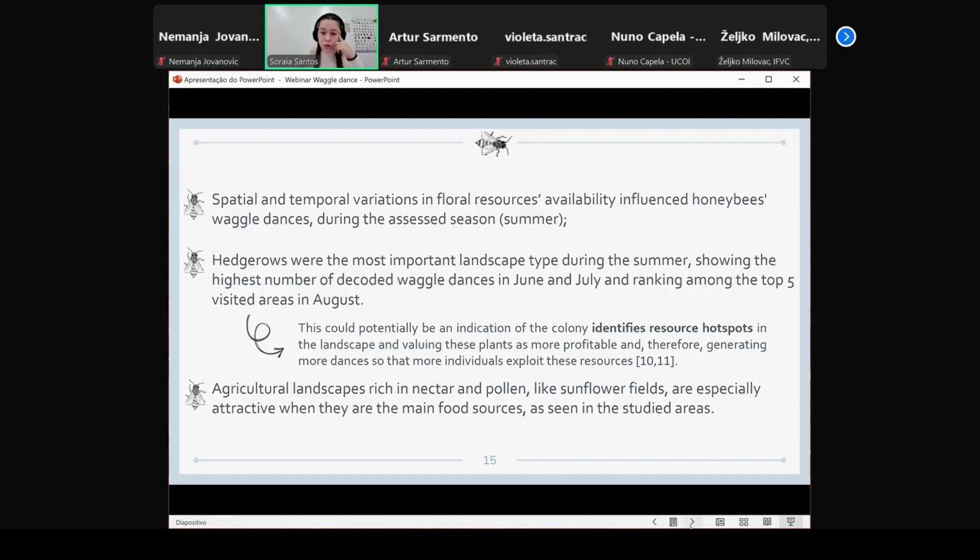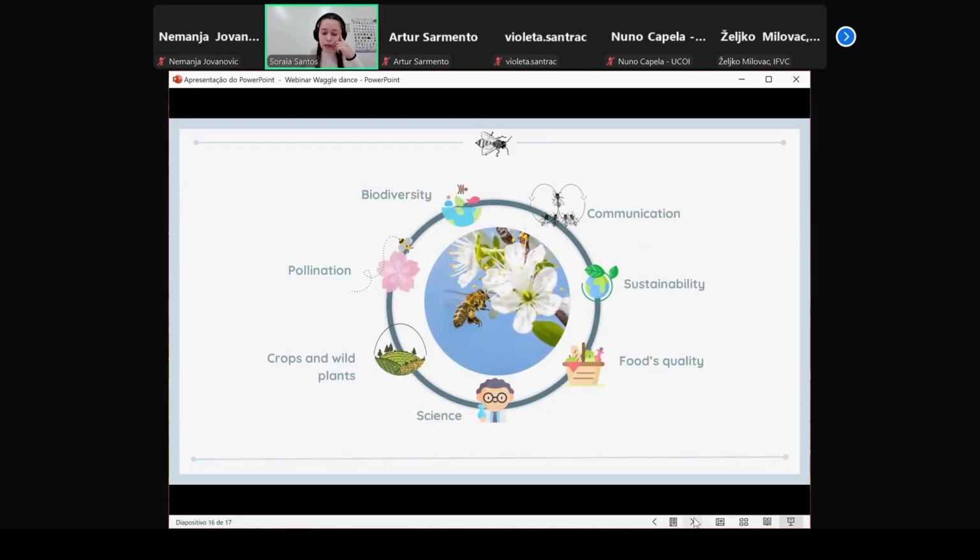So in conclusion, I think it's important to understand a little bit of everything that I said. Honeybees are essential to ecosystems and agriculture, but are challenged by declining floral diversity. They adapt their foraging to available resources, but their nutritional needs are still not fully understood.